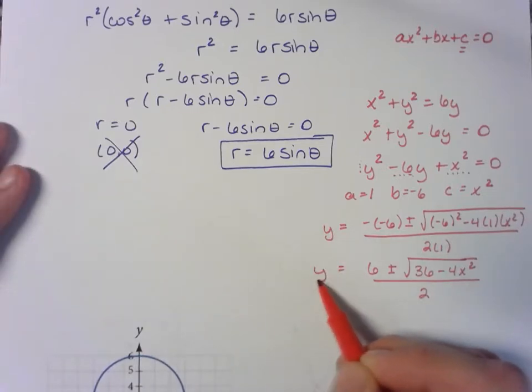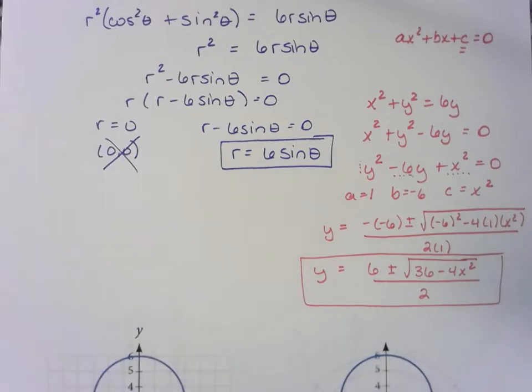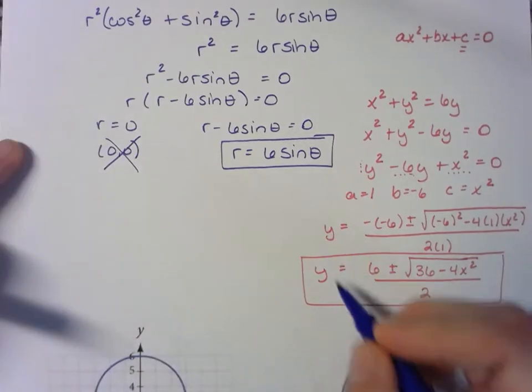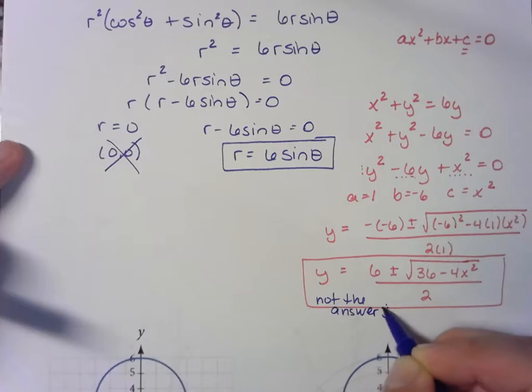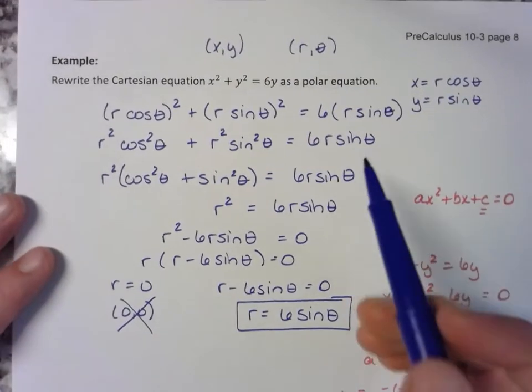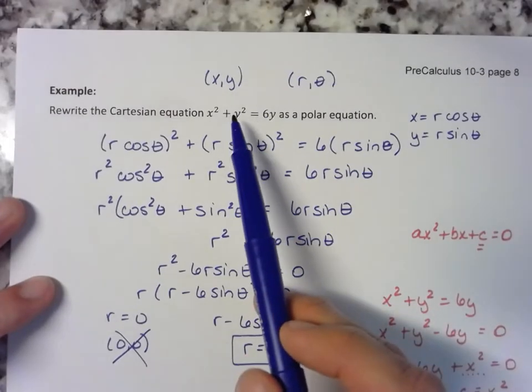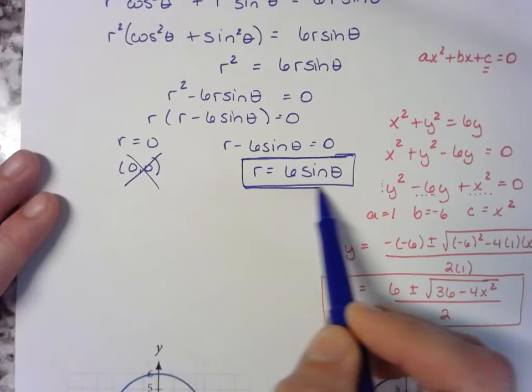We have now solved for y. By the way, I put a box around that, but that's not really the answer. The problem told us to write this as a polar equation. So this is actually our answer right here.